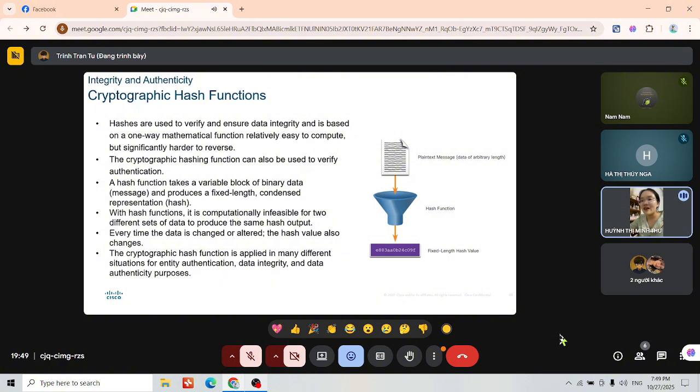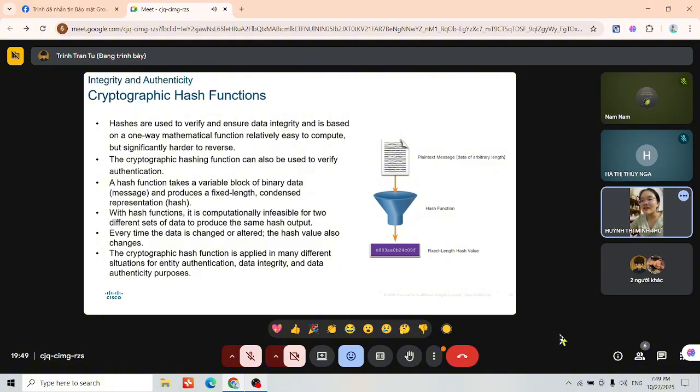And the third, a hash function takes a variable block of binary data, the message. And the fourth, with a hash function it is computationally infeasible for two different sets of data to produce the same hash output.